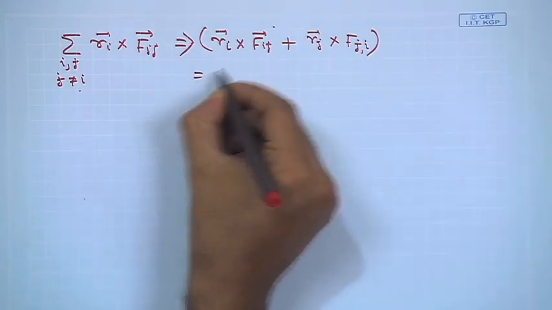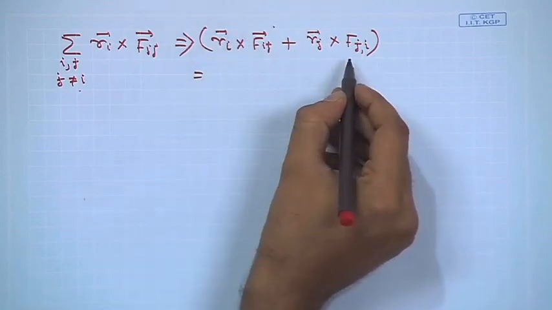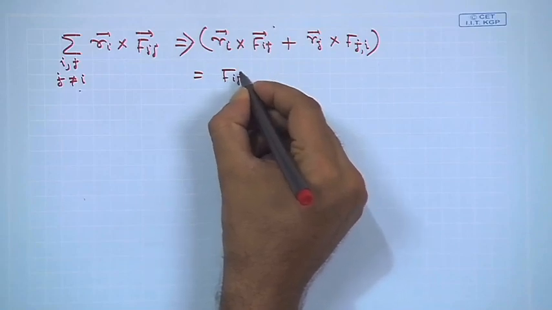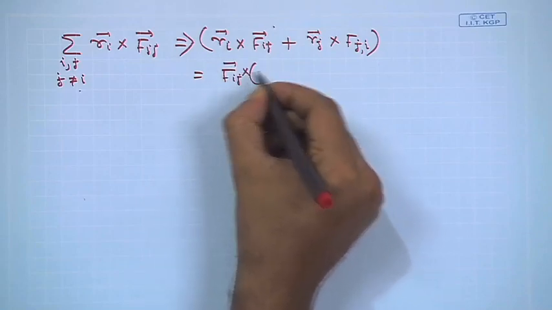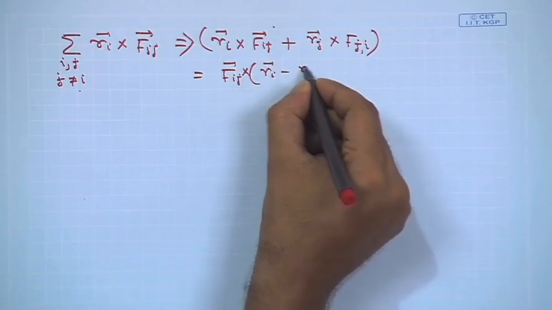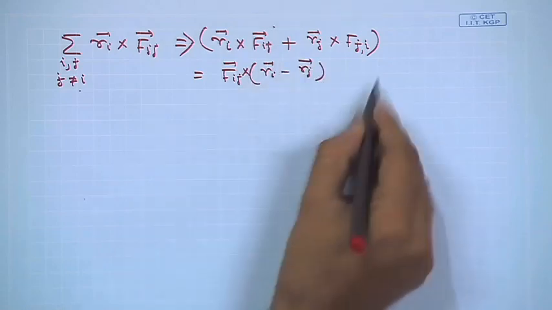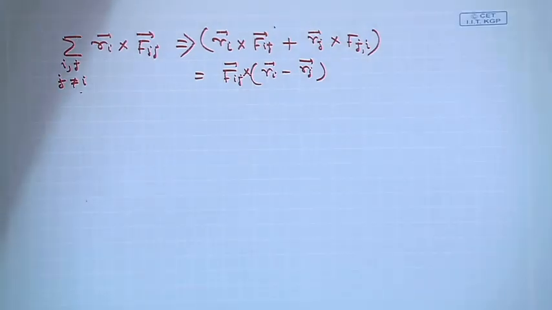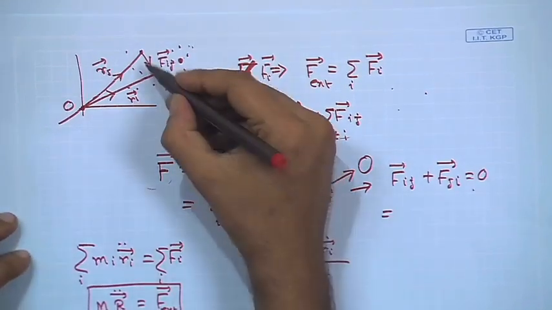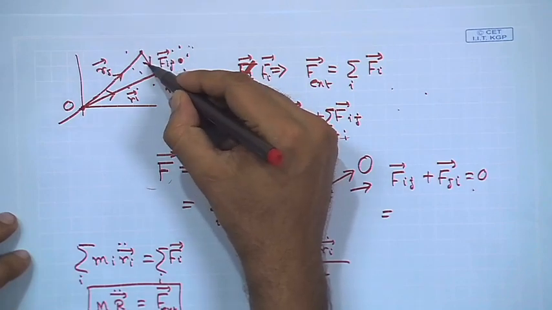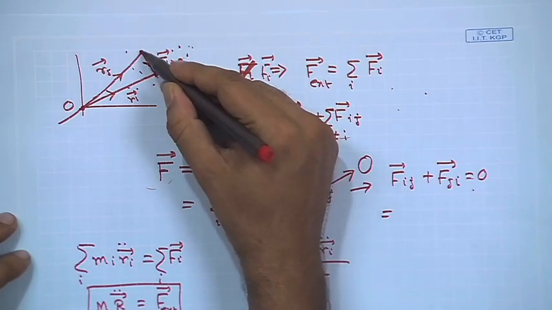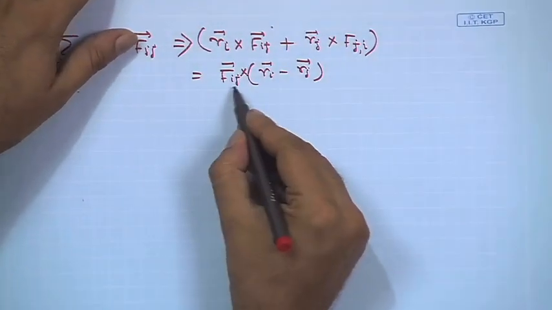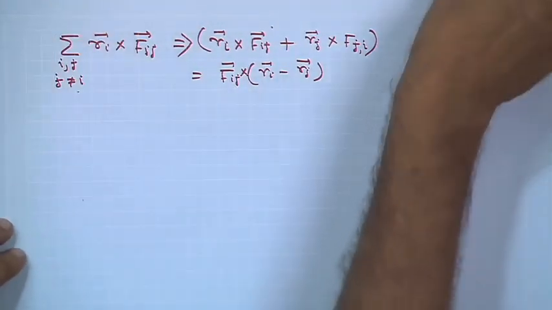Now, if I examine this particular term, F_ij is equal to minus F_ji. So we can write (r_i minus r_j) cross F_ij. If I go back to the original picture of the system of particles, r_i minus r_j is along the radial vector, the vector which joins particles i and j. F_ij is a force which once again acts along the same line.